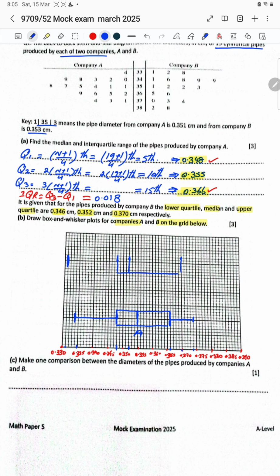So we can join them. This shape seems to be positively skewed, because the median is more inclined towards Q1, and the maximum is 0.388, which will be here.